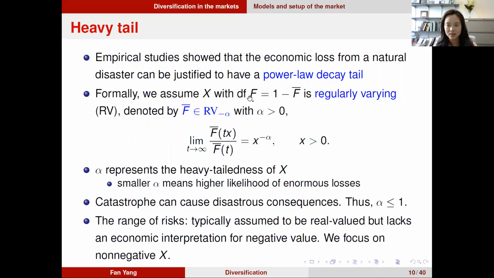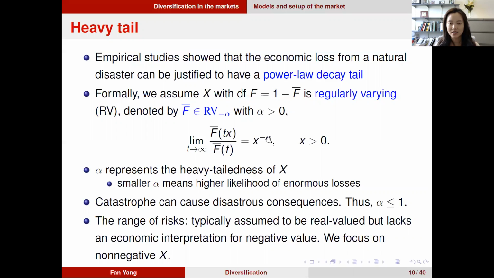F is a distribution function and F bar is the survival function. We say F bar is regularly varying if it satisfies this relationship. Roughly, if F bar is a power function, you can see directly without taking the limit that the equality holds true. So roughly, regular variation is about the power tail. It is a more general way to describe the power law.